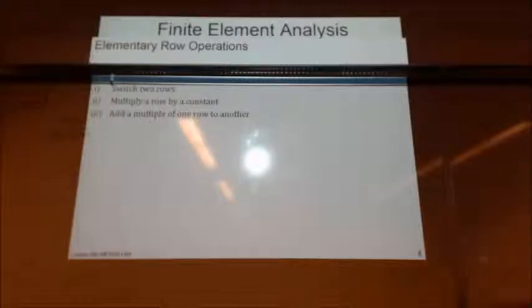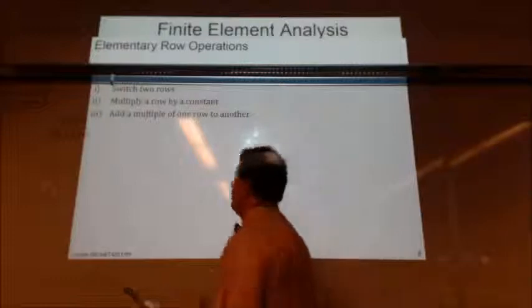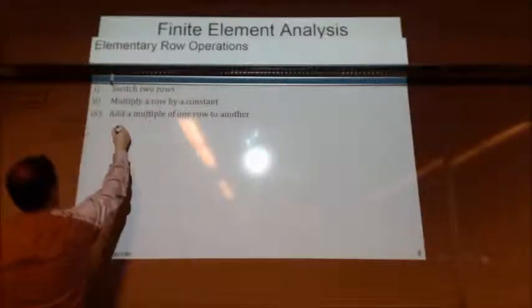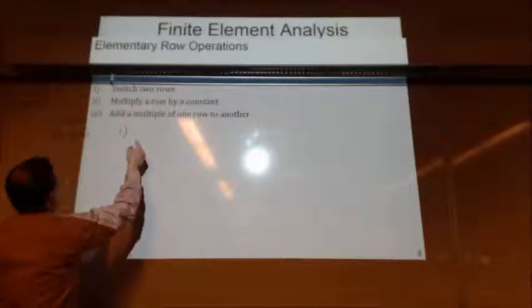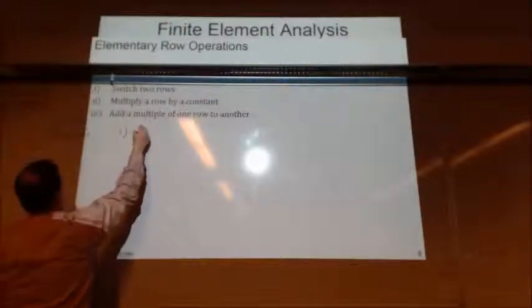A couple of the rules, or 3 of them, that we can work with: we can switch any 2 rows, multiply a row by a constant, or add a multiple of one row to another and get a solution. So what does that look like? If this is our beginning equation, I'm going to switch 2 rows.